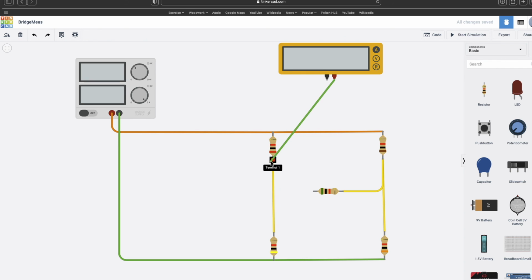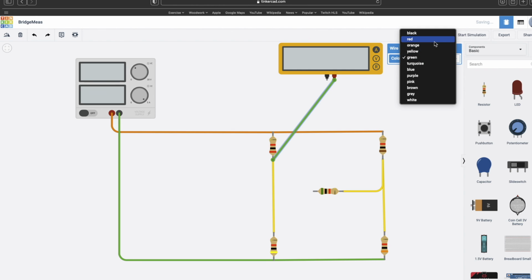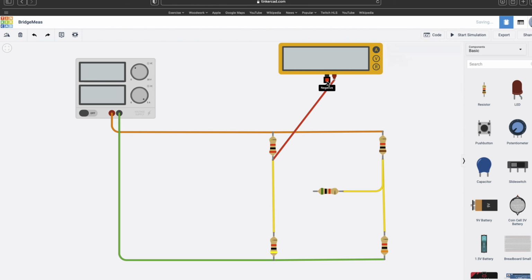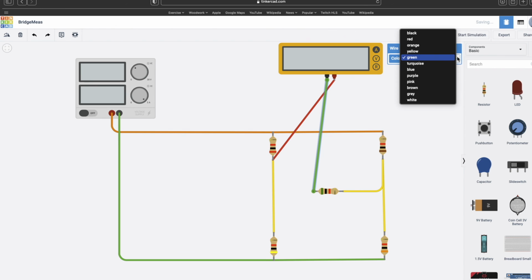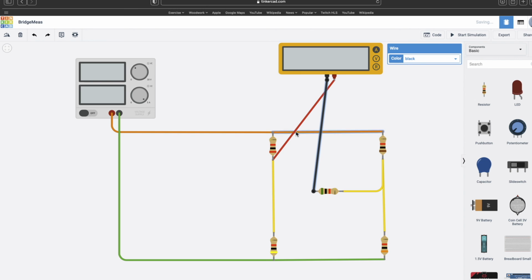I'm just going to go to there. And our negative side to go there. For an ammeter, the plus side is often marked amps, milliamps, something like that. And again, the negative side is often marked common or perhaps low, something like that.